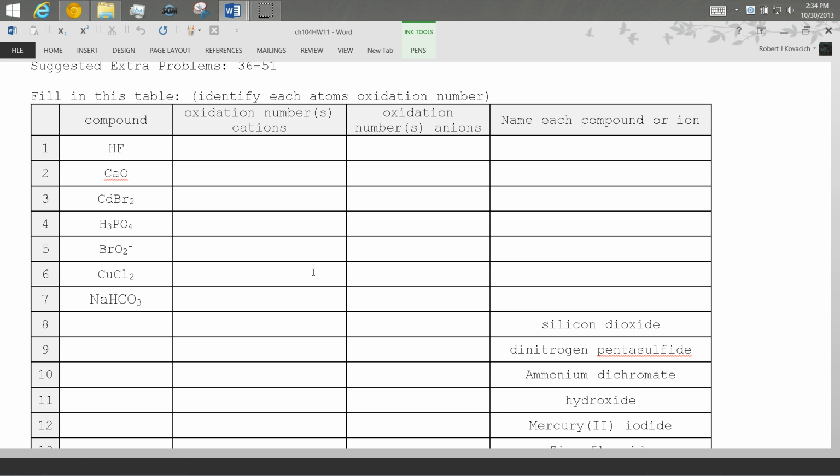What's the rule? So what's the rule for a binary compound about cations and anions?